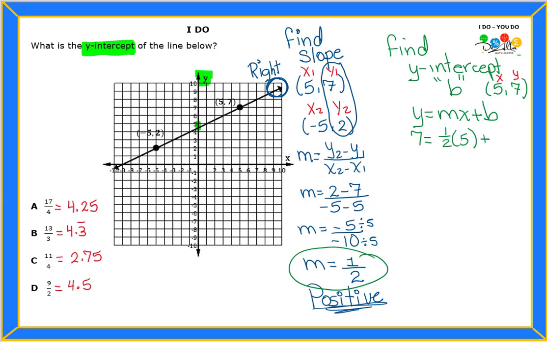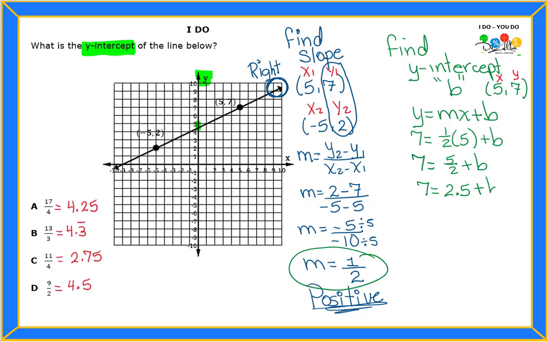Okay, and that will be plus b. So this will be 7 equals, what's half times 5? Okay, we can say 5 over 2 plus b. If you want to, you can change the 5 over 2, which is a fraction, into a decimal. And 5 divided by 2 is 2.5.